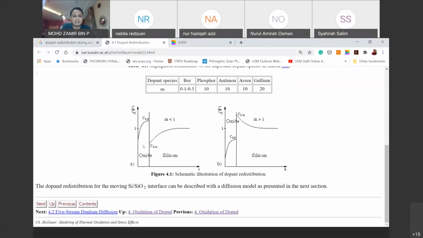And when M is less than 1, yeah, it's boron, right? It's boron because boron is depleted during the process or redistributed during the process. So M less than 1 refers to boron, and on the right hand side it's for the phosphorus, arsenic, antimony. Okay.